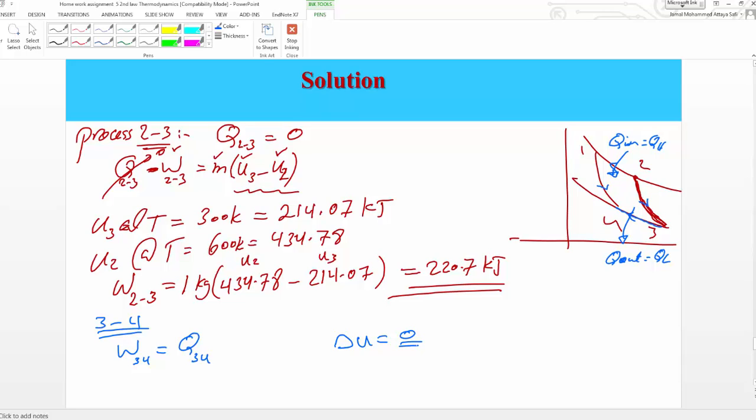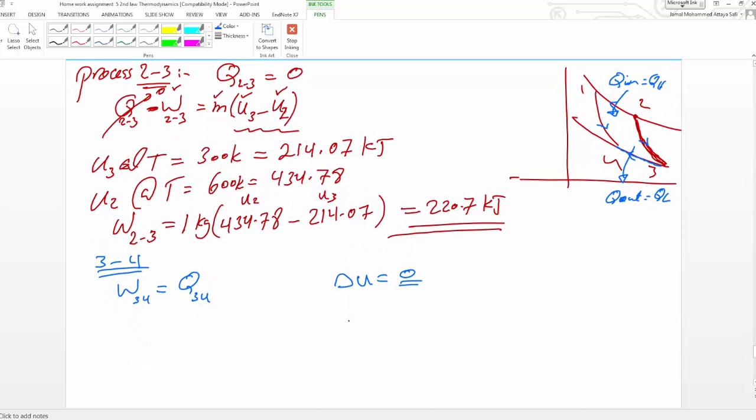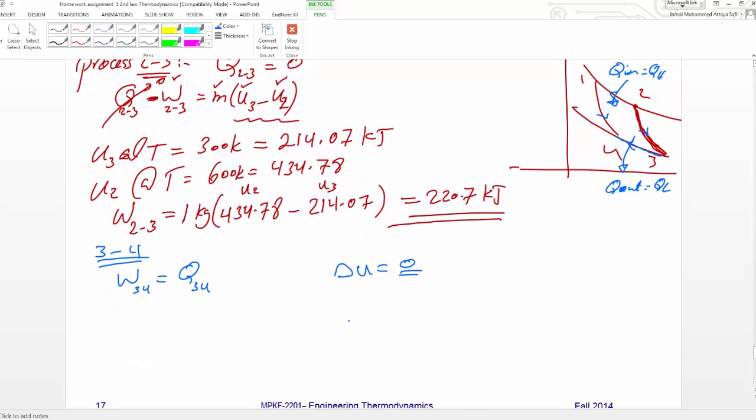And I know also from the absolute thermodynamic scale that Q 3 to 4 divided by TL, so don't forget this is QL divided by TL, equals QH divided by TH, and QH is Q from 1 to 2, so this is Q in.